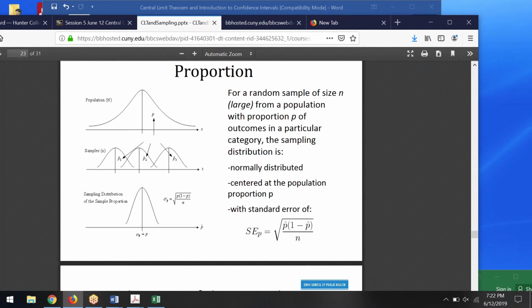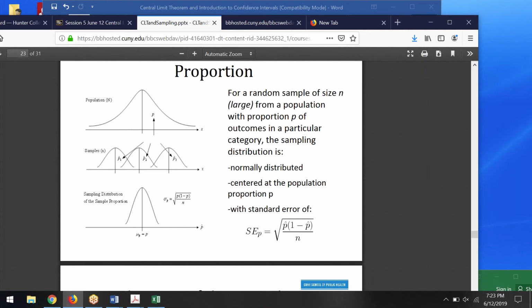So what we can do is say to ourselves, well, let me take a sample of size 100, and maybe we get 27 people who are left-handed, maybe 31 people, and so on and so forth. But that is our sample proportion. Just like I put an X bar for our mean, we put a little cap over the P to represent our sample proportion.